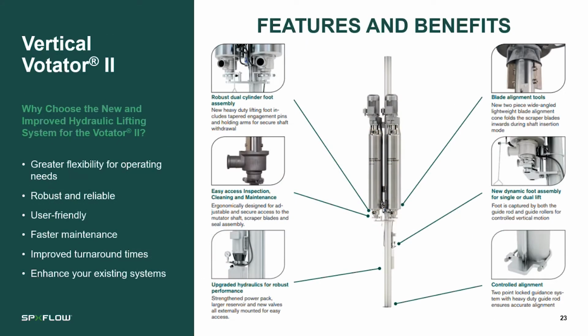One of the things we did recently is we upgraded our Votator II vertical lift system. Our original system was designed and released in 1999. And as we got field feedback from the customers and service techs over many, many years, we felt like it was time that we needed to think differently.